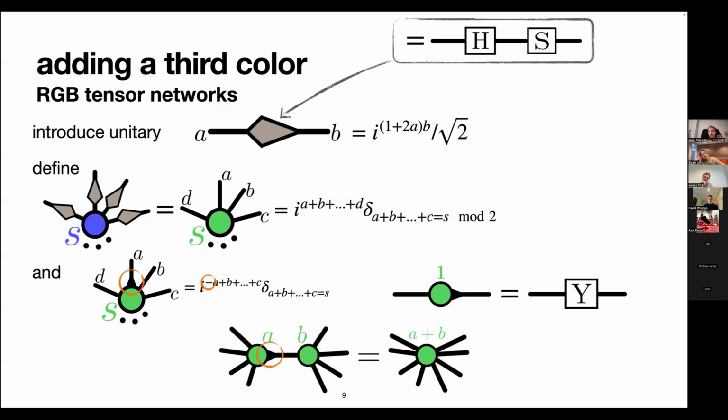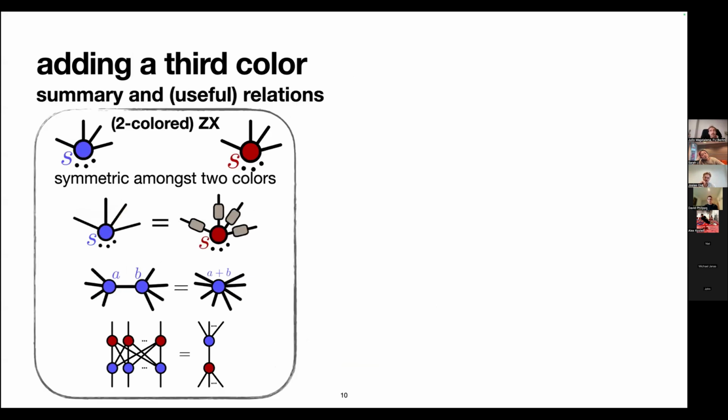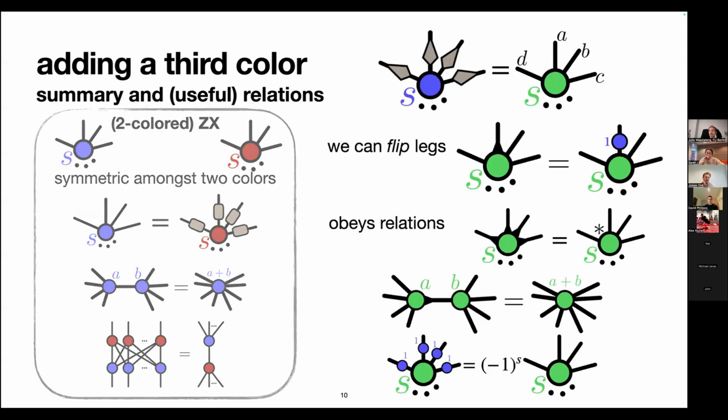If not, we end up with additional Z matrices on the outside. Okay, so as a summary, I want to show the additional rules we have for the green spider. There are a few more for this unitary that we showed in the paper. They're not too important for the rest of the talk, hence I skipped them here.